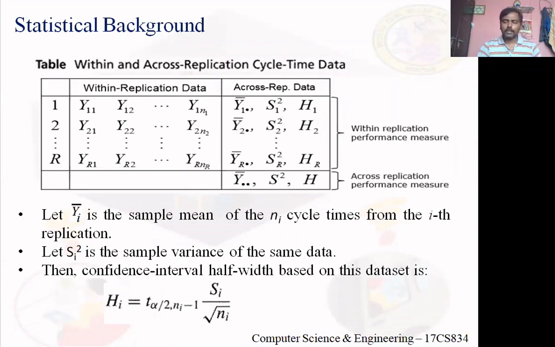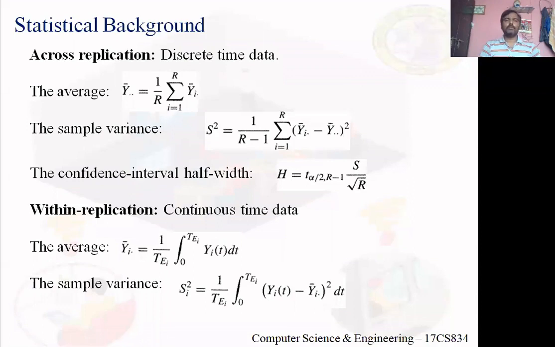Listen here, I repeat: to compute the average cycle time of all the runs, we need to sum the average cycle times of all the runs divided by R. I mean sum Y1 bar, Y2 bar up to YR bar divided by R. Got it? So that is how to compute the mean first. Y bar is nothing but the summation of all average cycle times divided by R.